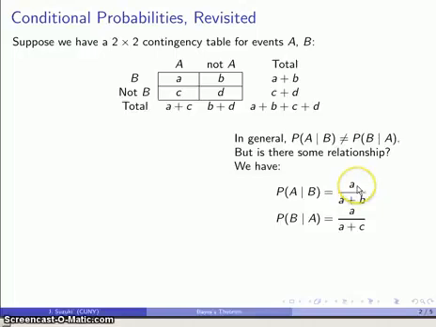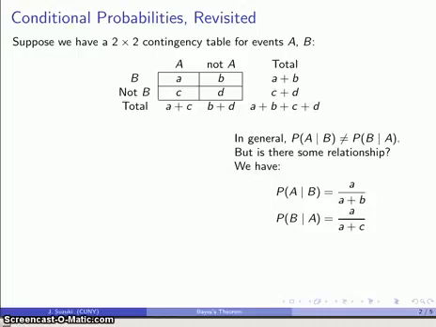And so the frequency with which that occurs is A out of A plus B. Likewise, the probability that B occurs, given that we know that A has occurred, so in this A plus C cases, and of those times, we've observed B occurring A times, and that gives us our probability A over A plus C. And the fact that our numerators here are actually the same number causes us to at least hope that there is some useful relationship between the two probabilities.